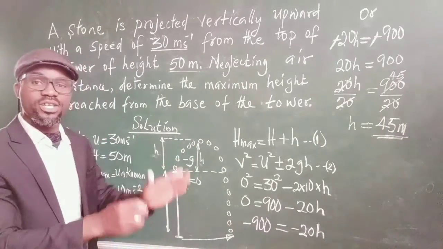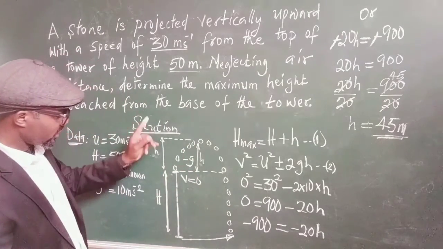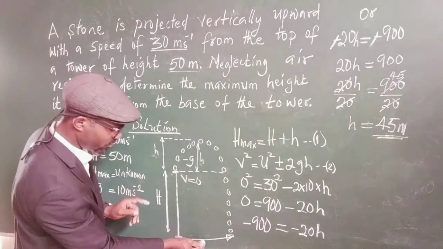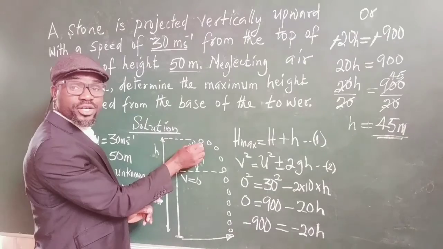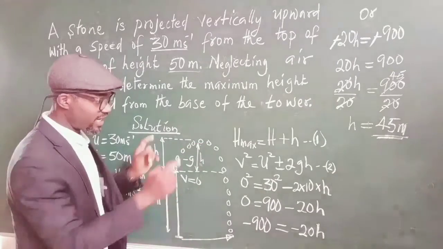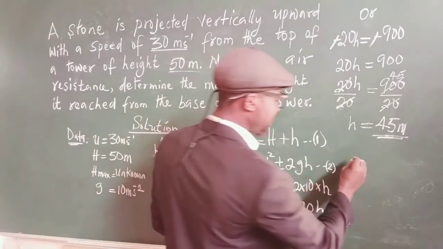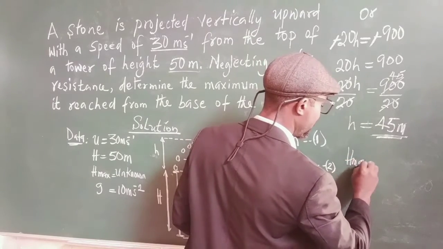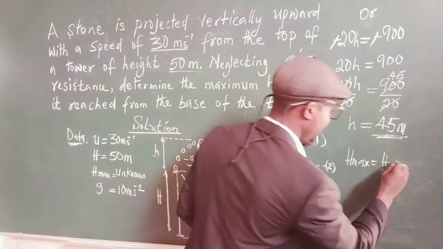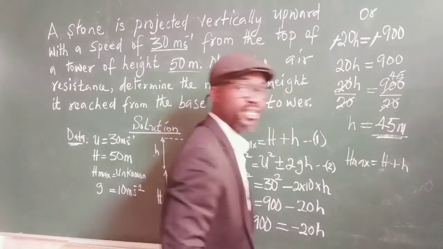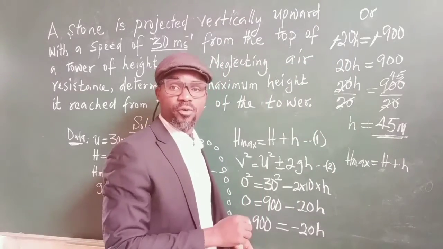But that is not the maximum height. For us to understand the maximum height, we need to check from this base to the point it has reached before falling down. And that is what we're going to do now. So, maximum height, h max is equal to h capital, the height of the tower, plus the height the object attains before falling down.